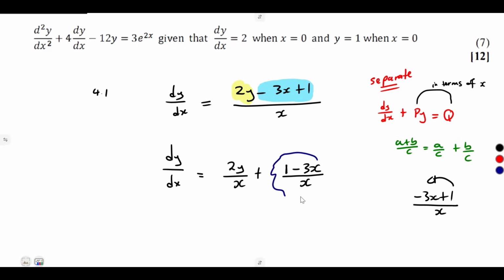This here is in terms of x. We do not have y there. We are not worried. Here we have a single part of y. So this is what we want.